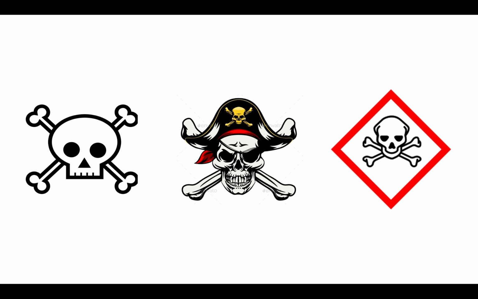It could be more kid-friendly. It could be a pirate. It could be a pirate who loves themselves so much that they put the picture of themselves on their hat. Or it could be related to danger or poison or something along those lines.